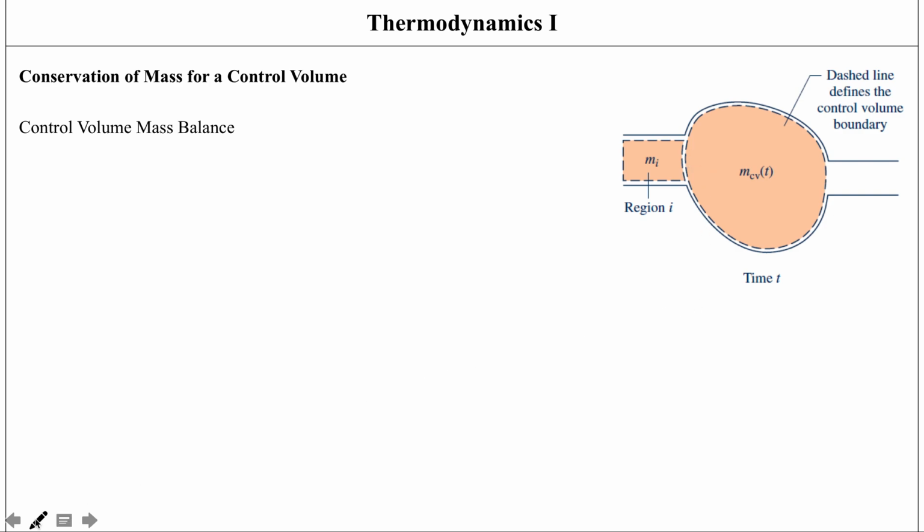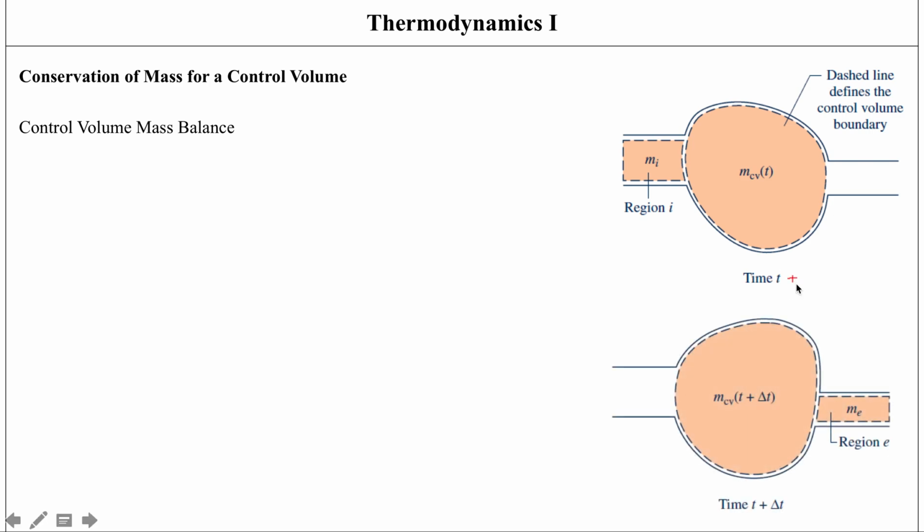Let's say a certain time passes, and so let's say if you're at 5 seconds right now, 3 more seconds have passed, so then the time would be t plus delta t, right? Once this time starts elapsing, this m subscript I, which is the mass within the small region labeled I, starts crossing into the control volume.